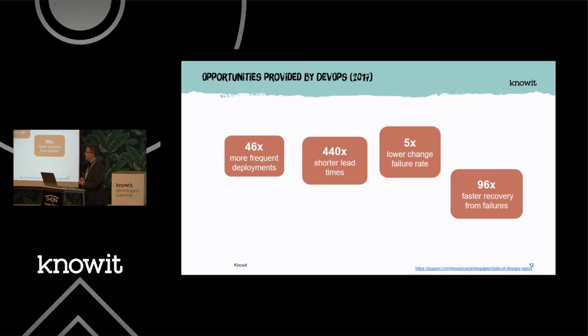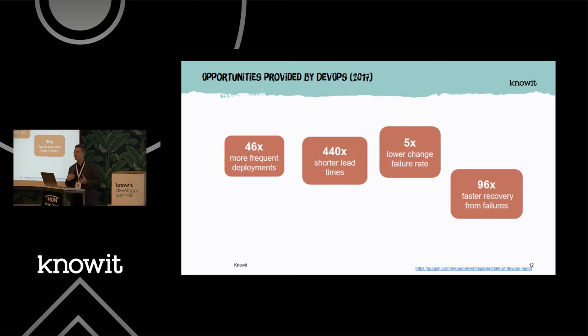But compared to the previous measurement point, they are not that much faster, but still they are getting more deployments all the time. They are getting faster all the time. They are getting better at quality. Actually, this number is up, and also the recovery number is very good.